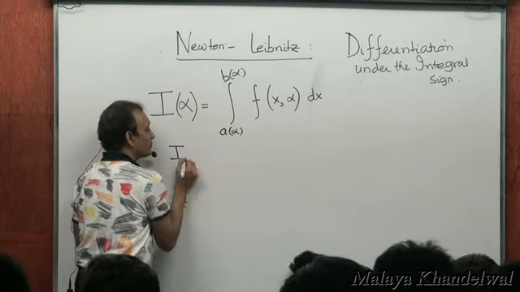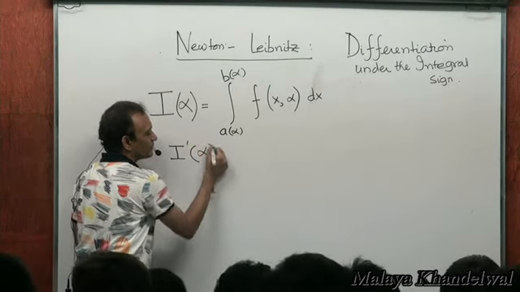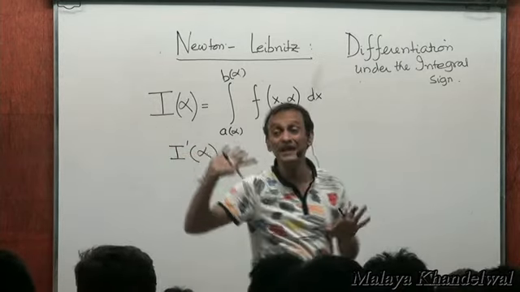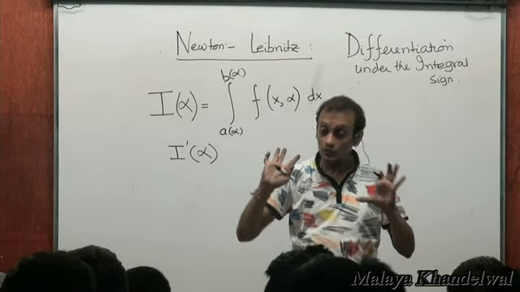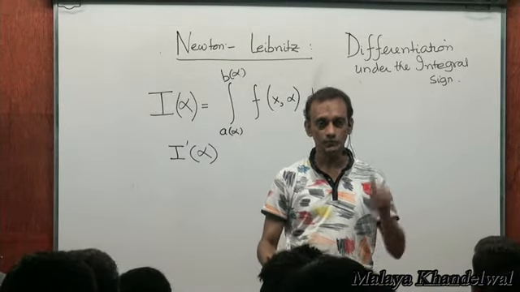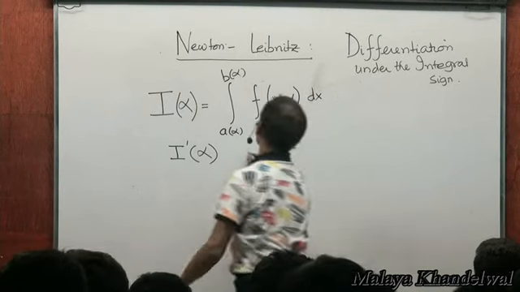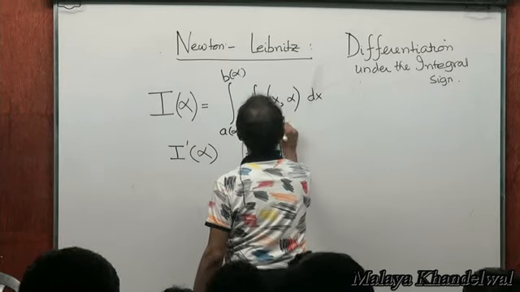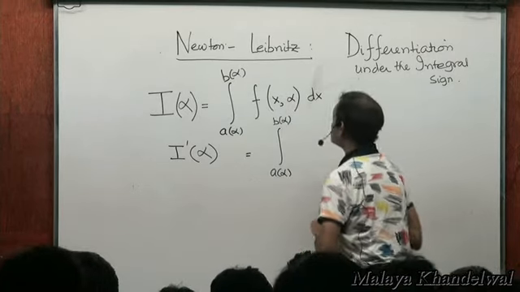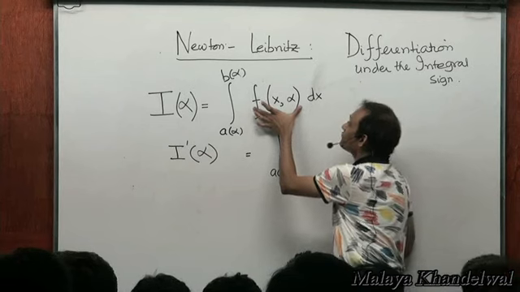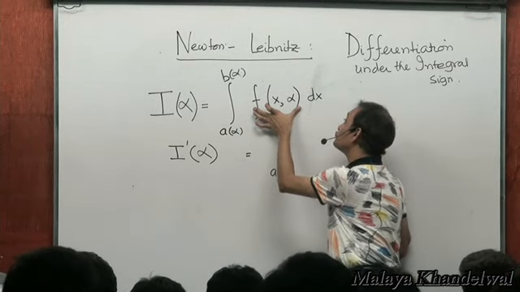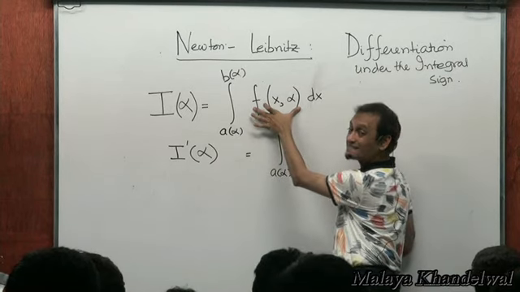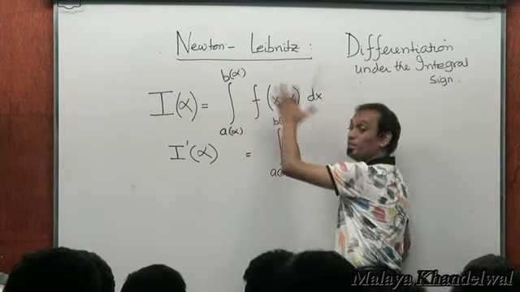I dashed alpha, that means dI alpha, differentiating I with respect to alpha, gives me three terms. Get a handle on the three terms. In the first term, there is this integral from a alpha to b alpha, where f is differentiated with respect to alpha, keeping x constant.